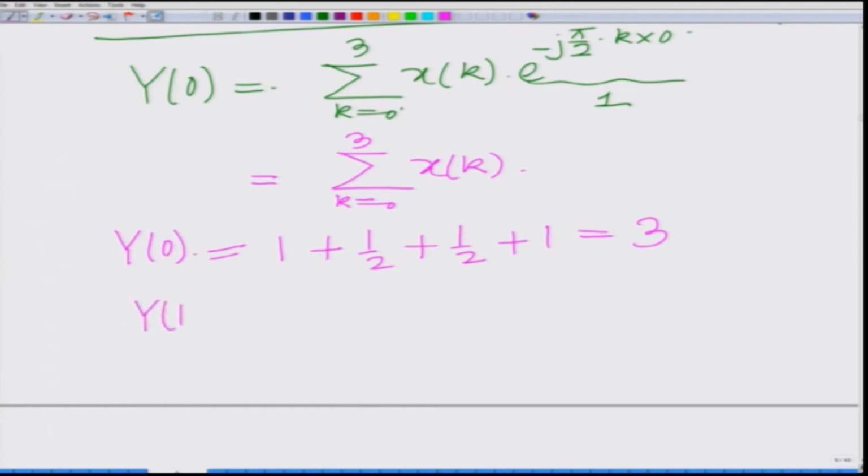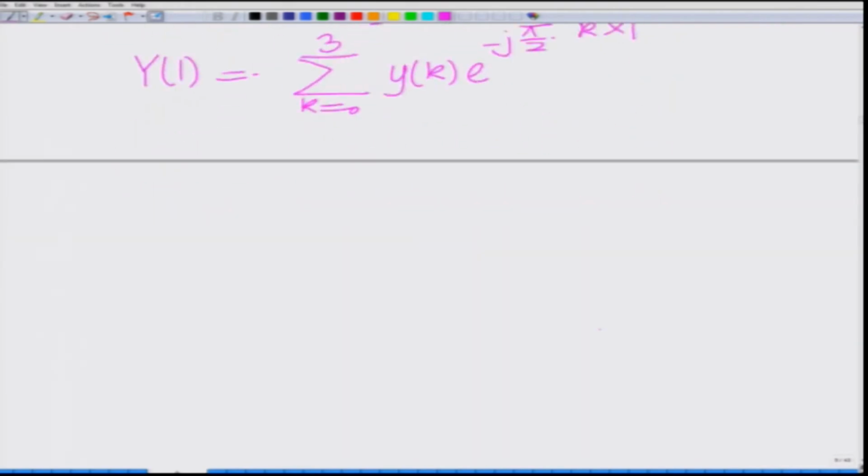Let us compute Y1. Y1 equals summation k equal to 0 to 3 y_k e raised to minus j pi by 2 k times 1, which is basically k itself.